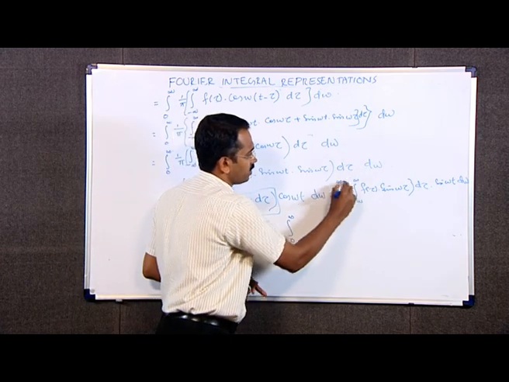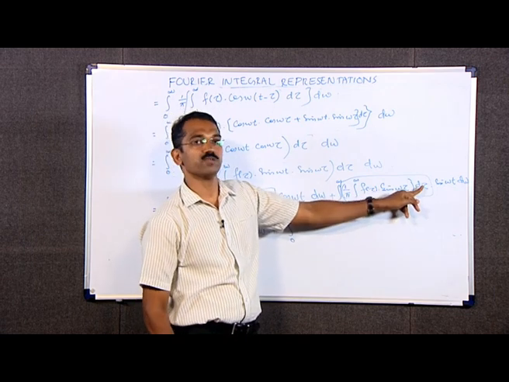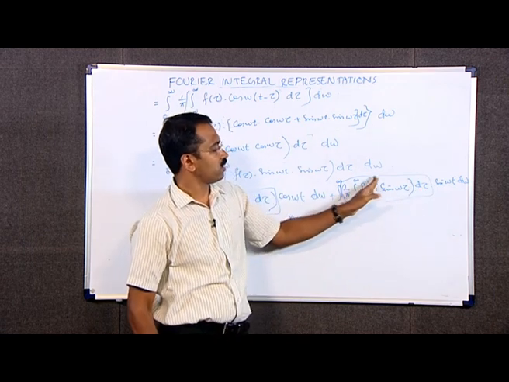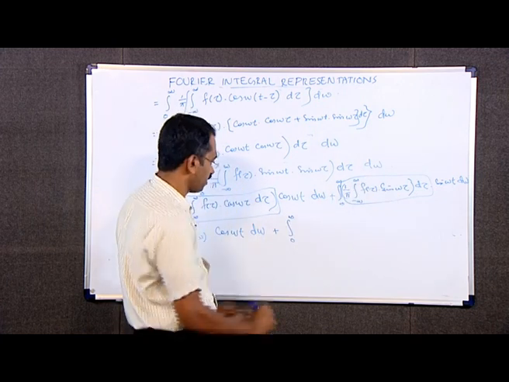Here we write this as b of omega. Here the integration is with respect to tau, and after the integration we get this as a function of omega.